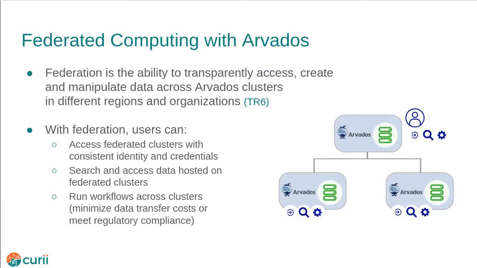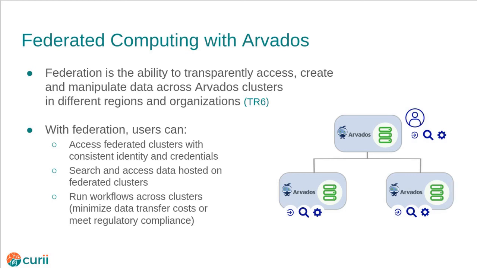Data Commons Technical Requirement 6 is interoperability with other trusted resources with similar security and compliance. We saw how Arvados clusters are able to communicate with other clusters in a federation. In the demo, we were able to go back and forth between the two clusters seamlessly. This is possible because Arvados supports the use of a single identity and credentials across federated clusters.